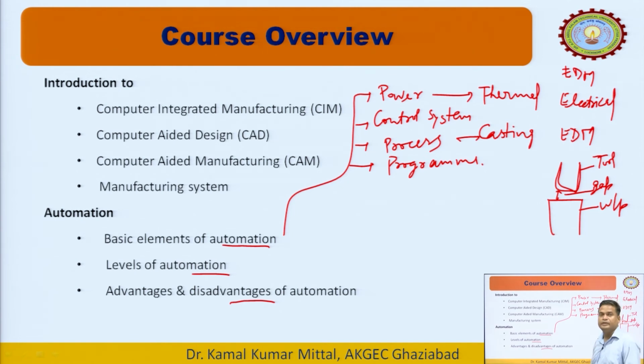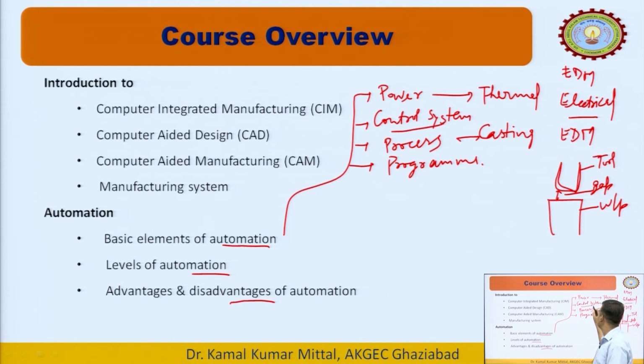So that gap should not be more and should not be very less. If the gap is more, there will be no spark, और gap यदि बहुत कम होगा तो शॉर्ट सर्किट हो जाएगा. So to make a proper spark, हमें एक गैप मेंटेन करना होगा जिससे कि इस जॉब पर मेल्टिंग because of thermal effect, melting and vaporization होगा और मशीनिंग होगी. So this is the EDM process, and electrical is the power energy required. Similarly, different types of power are used for different types of process.